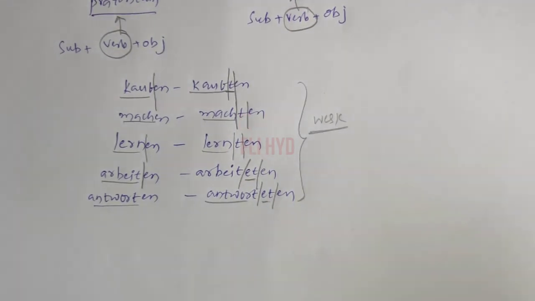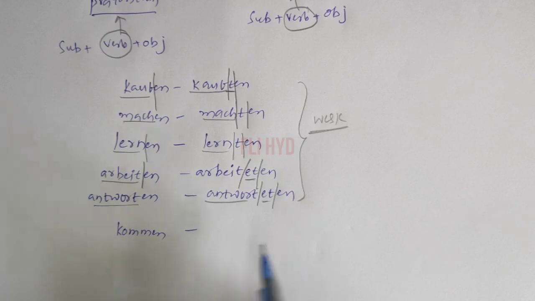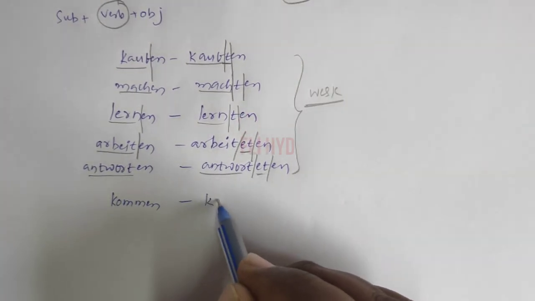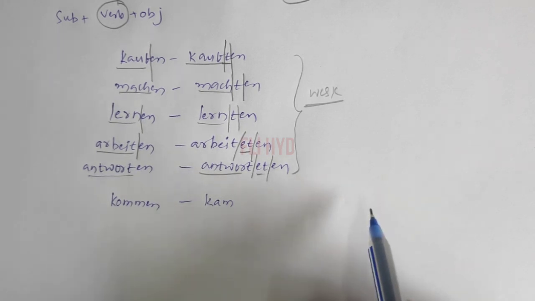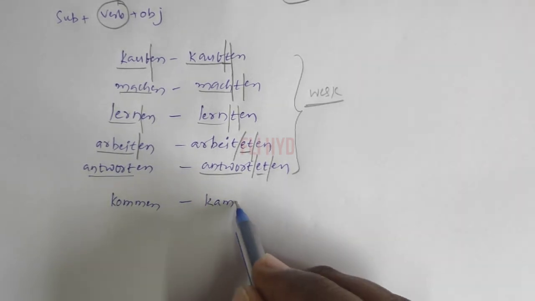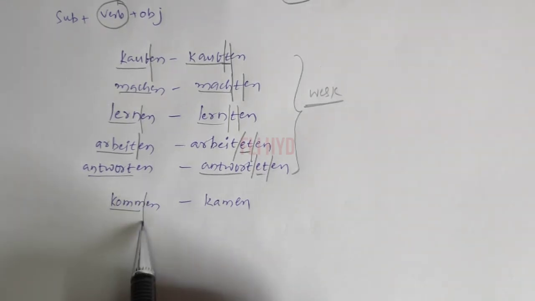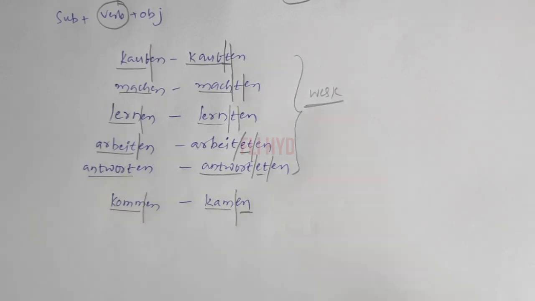And the next one, strong verbs. How do we change the verbs from present tense to past tense? For example, kommen. The stem is komm. When it comes to strong verbs, the stem sometimes changes completely and sometimes remains the same. That we have to learn by heart as it is. So for the strong verbs, the stem changes to kam and the ending will be en. So kommen, kamen.